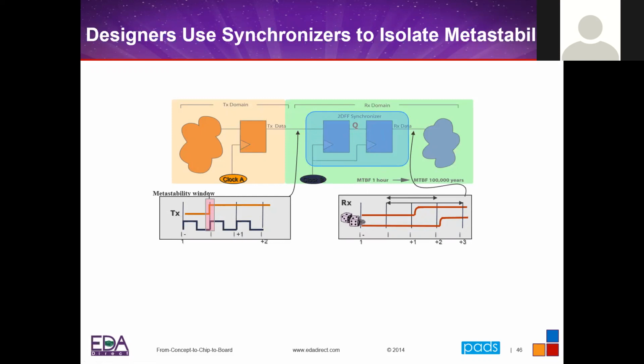But if you think about it, even this simple 2 flip-flop synchronizer, there's a protocol that I have to follow here. So let's say this clock A is running at 100 megahertz, and this one is running at 50 megahertz. That means that if I only put a 1 clock wide change on data right here, data could go high and then go low again before this second clock domain ever captures it.